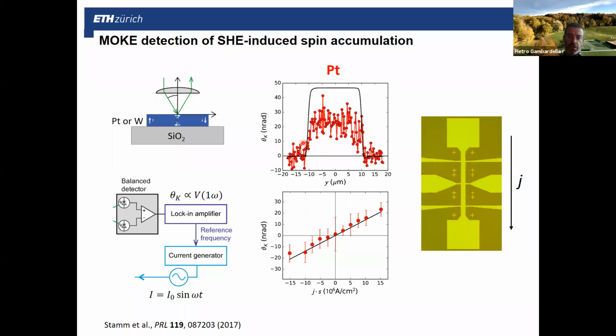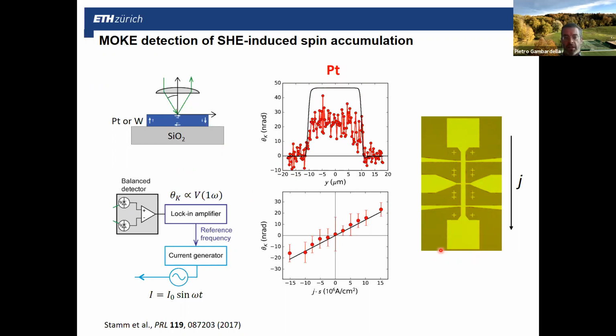Right? So here you see an image of the profile of the sample. This is just the optical reflectivity in black here, and the noisy signal is the Kerr rotation that we measure in phase with an AC current that we send across the sample.